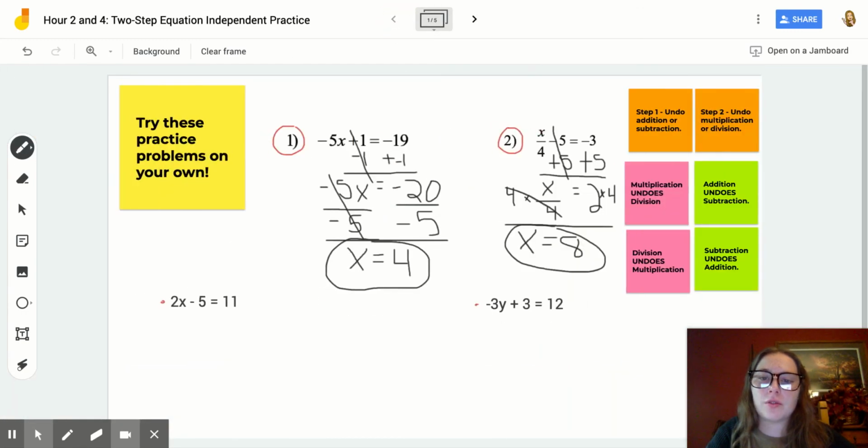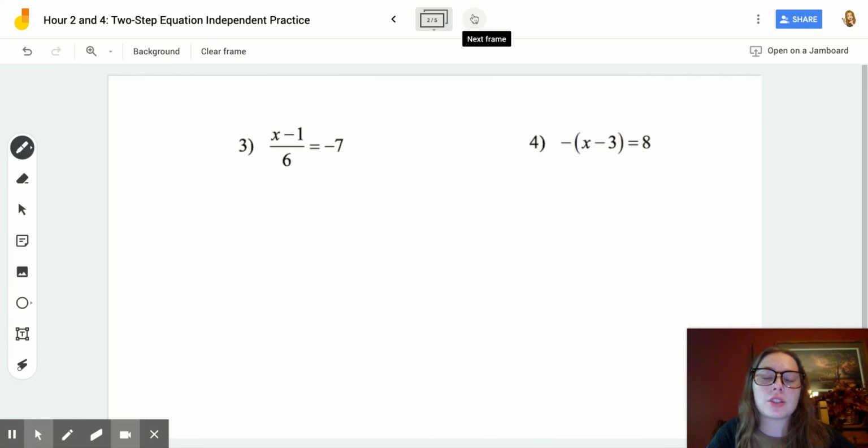So if we go back just to recap, page 1 was basic two-step equations. So all you have to do is follow step 1 and step 2, and you can go right into solving those two-step equations. Questions 3 and 4 are a little more complicated, but they still are in the general idea of those basic two-step equations.